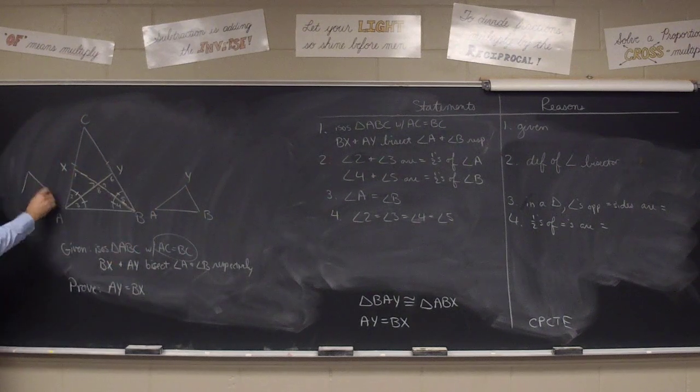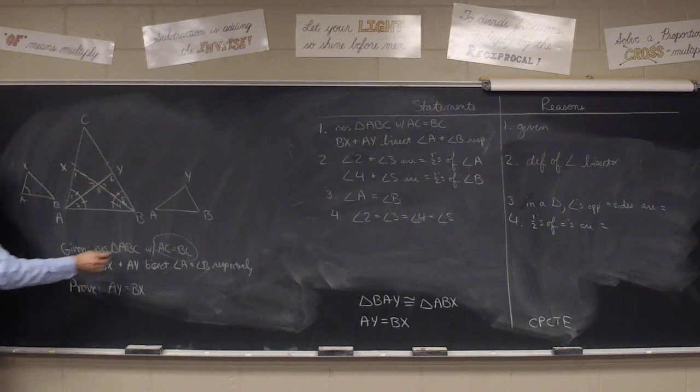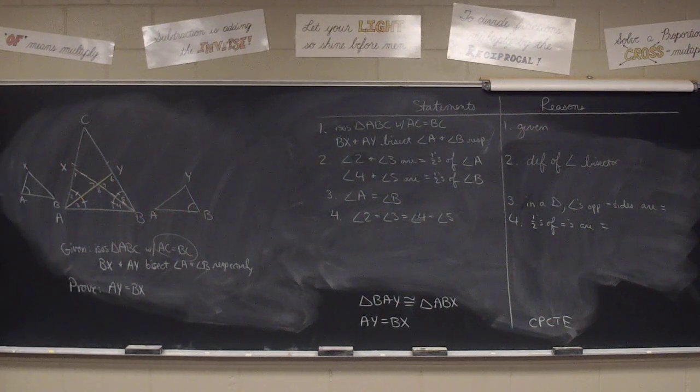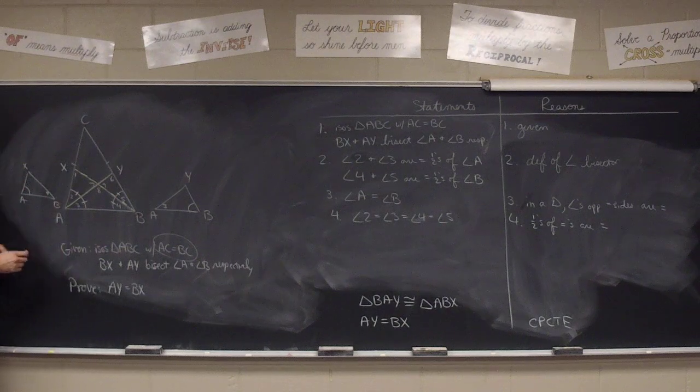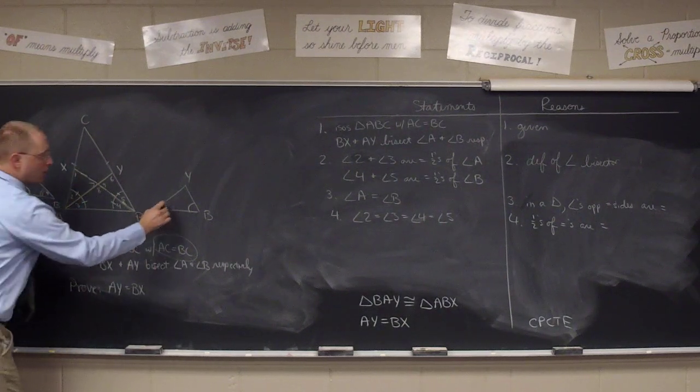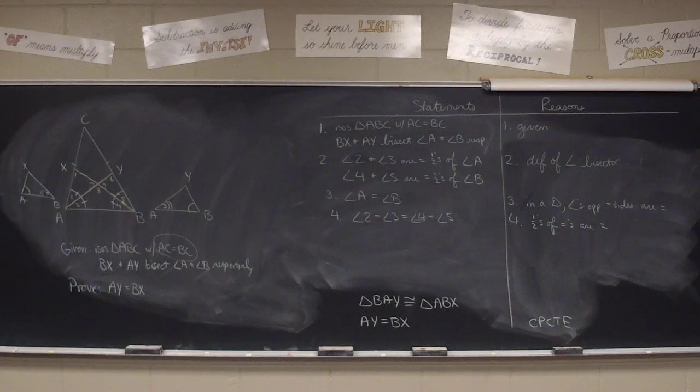And triangle, make sure this is showing up. There we go, it is. Triangle XAB. I know that A and B are equal, right? And this little angle is the 4, and this little angle is the 3. So class, I know that those two angles are equal. What's missing to get the triangles congruent?